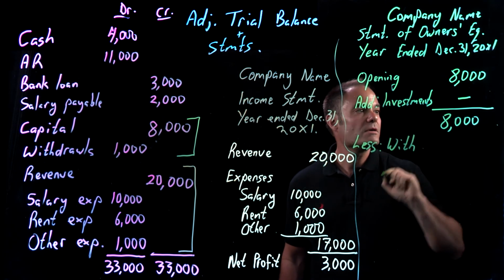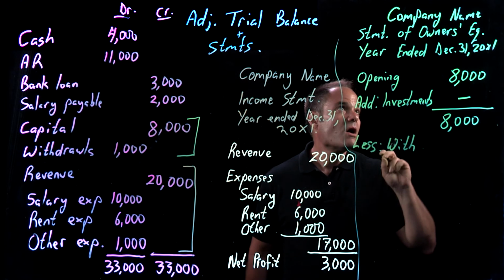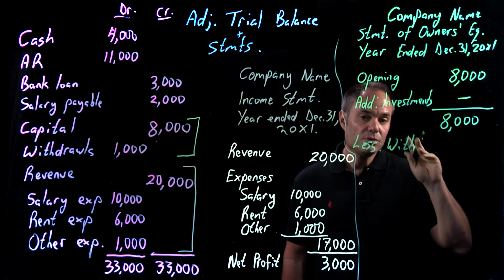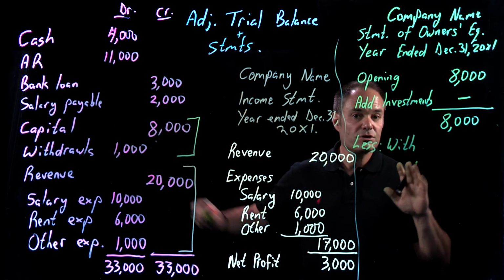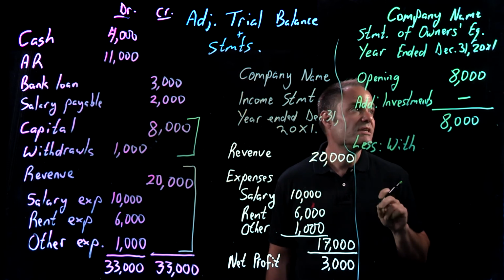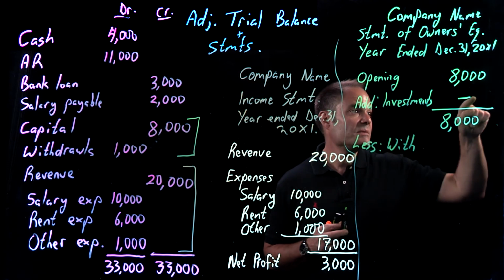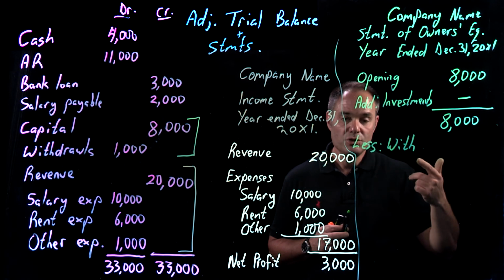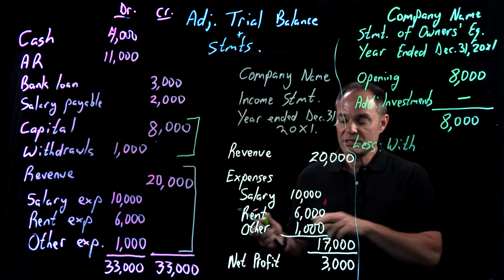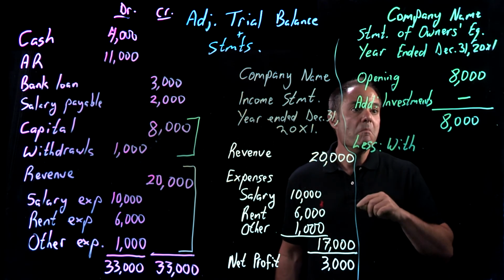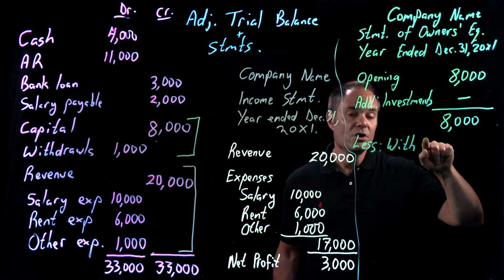And then we're going to subtract, so less withdrawals. So remember, our owner's equity was equal to 4 things, going back to the very first video where we talked about the accounting equation. It was investments plus revenue minus expenses, which we're going to get to in a minute, minus withdrawals.